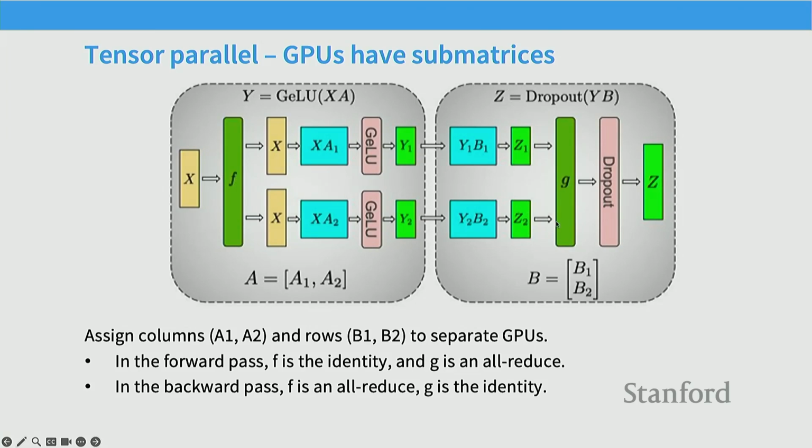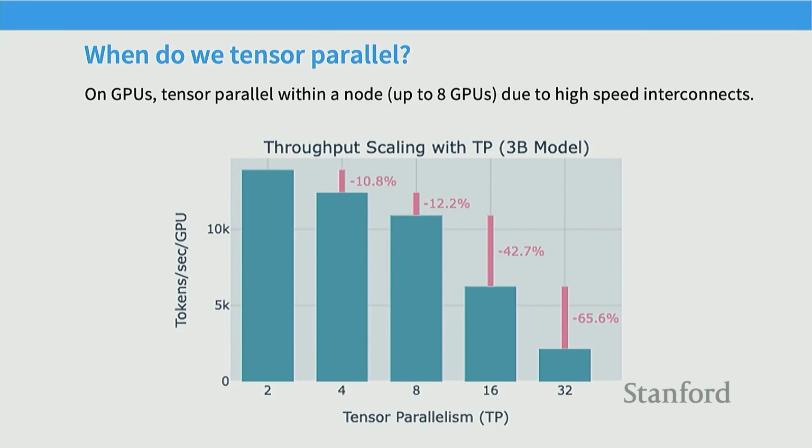So this F and G are synchronization barriers. In the forward pass, I do a single all reduce. On the backwards pass, I do a single all reduce, just at two different places in the computation graph. Right? So now you can hopefully see how this is a very nice way of parallelizing them: wherever you have a matrix multiply, you can just cut up the matrix multiply and parallelize it across different devices. Okay.